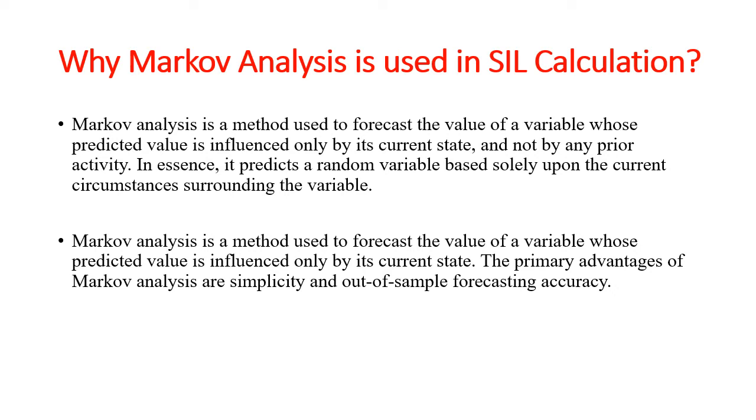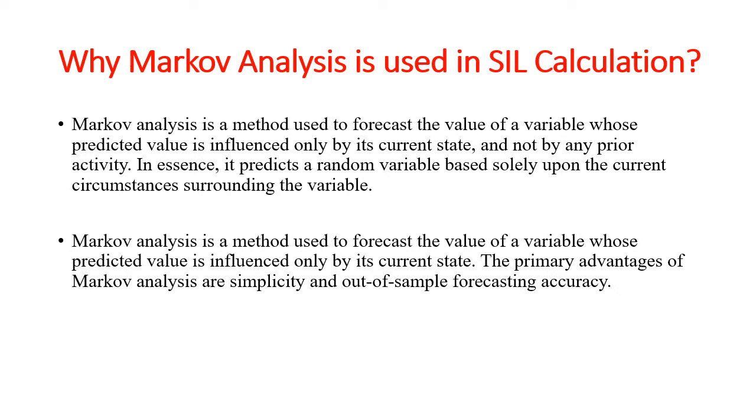In essence, it predicts the random variable based solely upon the current circumstances surrounding the variable. I would say this is one of the easiest and simplest techniques to determine the future state of the components in the safety function.